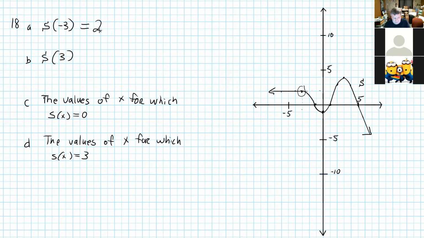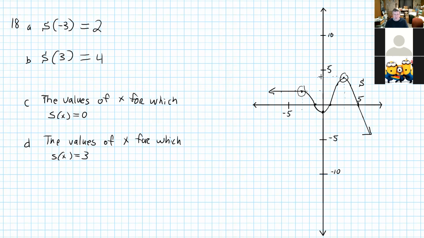Good. Now, where is there an X value of +3? That's right there. What's the corresponding Y value? 4. Excellent.